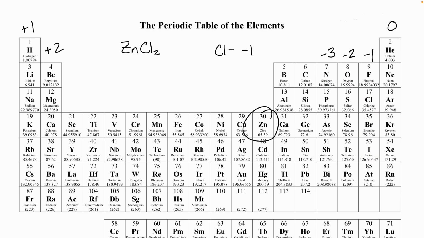So I'm going to have to work backwards from the formula here. What I know is that I have these 2 chloride ions. And I know that each one has a charge of -1. So in terms of the total amount of negative charge in this molecule, what is that going to sum up to? -2. And that has to be counterbalanced by what charge? +2. So my zinc ion here has a +2 charge.